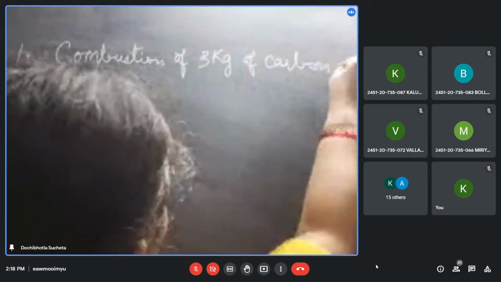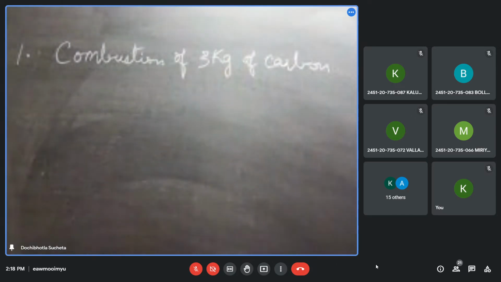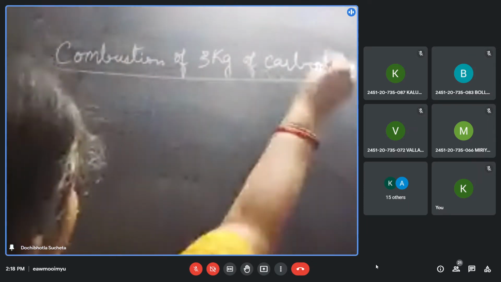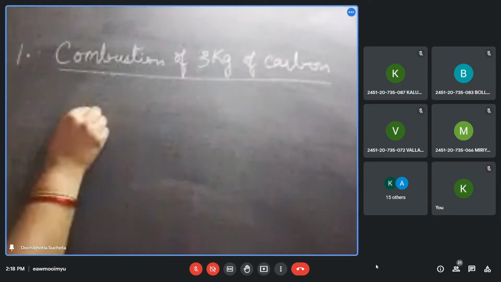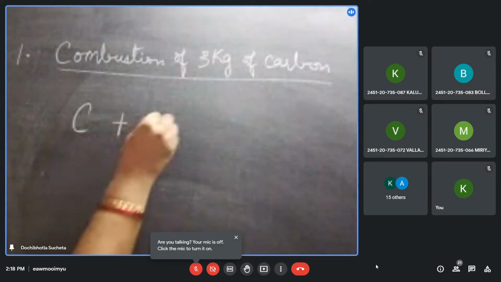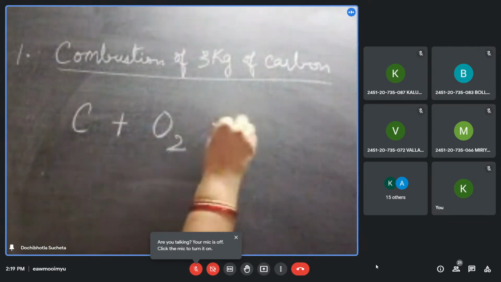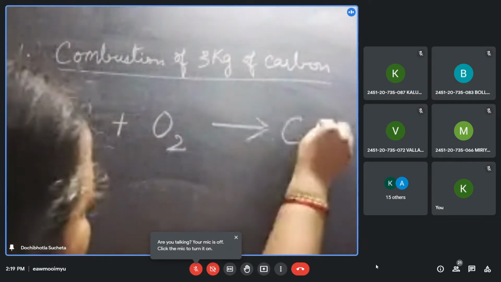Calculate the amount of air required by weight and volume for complete combustion of 3 kgs of carbon. Easiest question. Again I'll go to the chemical equations.